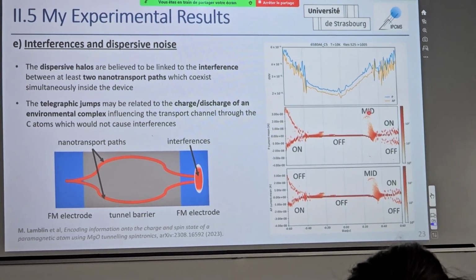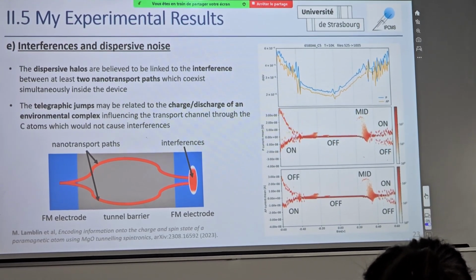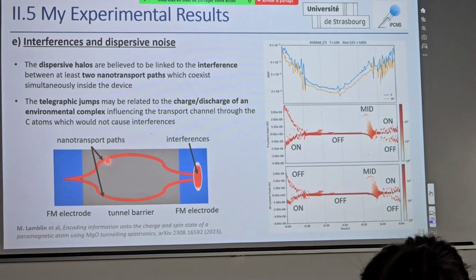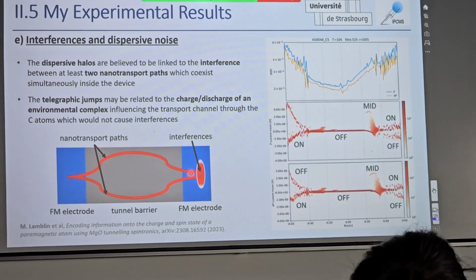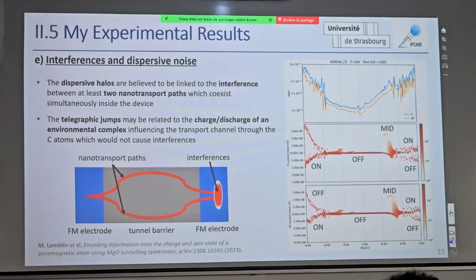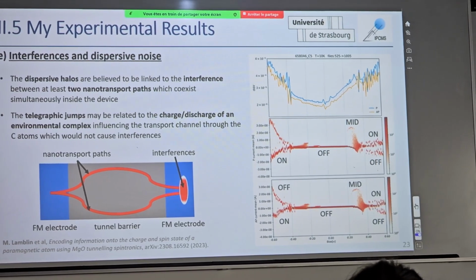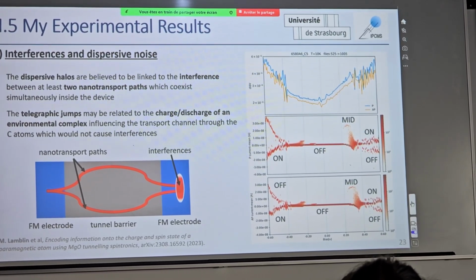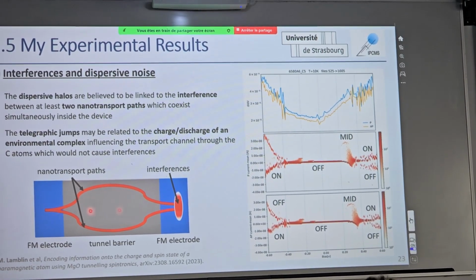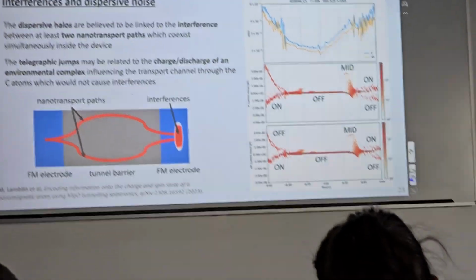First, dispersive halos that are believed to be linked to interference effects between at least two nanotransport paths that coexist simultaneously with close energy and lead to these fluctuations of the current. And then also the telegraphic branch jumps that may be related to the charge and discharge of an environmental complex that is influencing the transport through the barrier, but not participating directly in the transport.